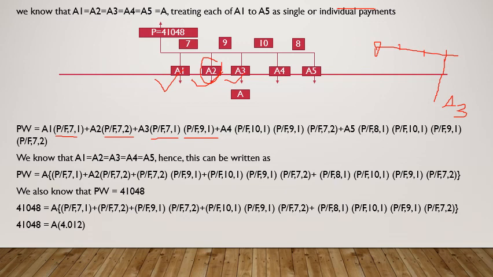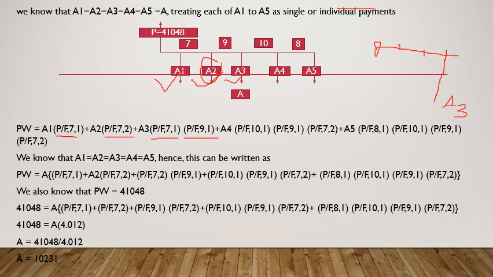Then when I sum up all the factor values, I get it as 41,048 should be equal to A into 4.012. Can't I calculate A now? A is equal to 41,048 divided by that, and I obtain it as 10,231.